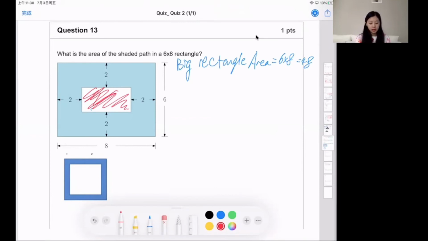So what's the length of the small rectangle here? It should be 8 minus 2 is 8 minus 4, it's 4. So here is 4. What is the width? It should be 6 minus 2, right?